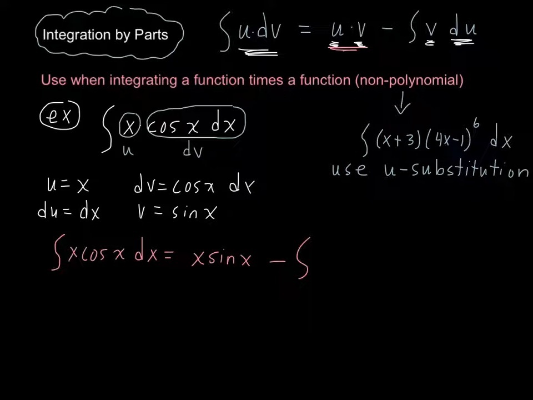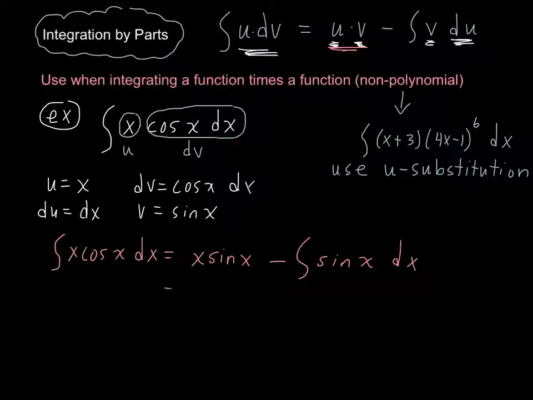So notice the formula has another integral in it. So what is it we're integrating? Well, we have v du. Well, just look from our givens here for what we found. All right, the v is the sine of x, right? We found that. And then we also found the du. We said that du is equal to dx. So I'm just substituting in there.